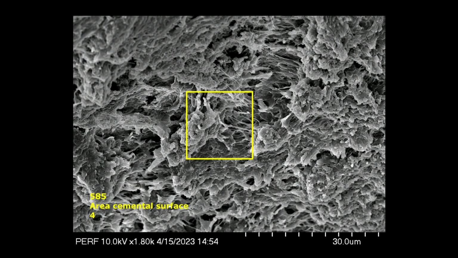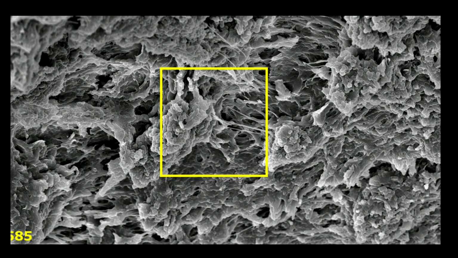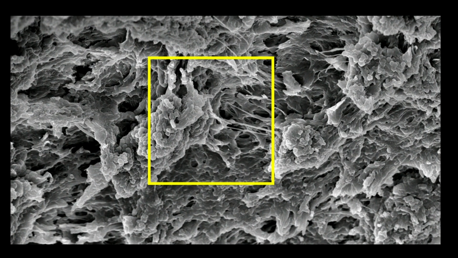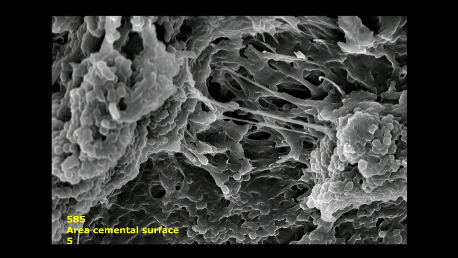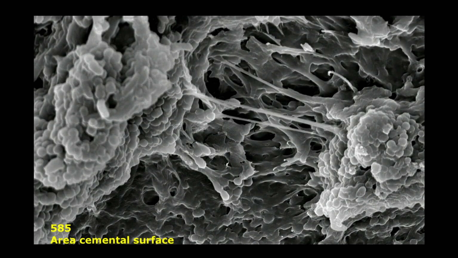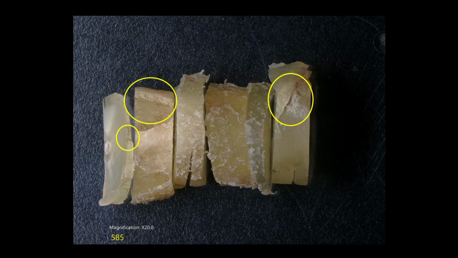And when you look at this, it's a little harder to tell, but if you look carefully, you can detect individual bacteria that are interspersed throughout the whole ligament type structure. So you see the collagen of the ligament.